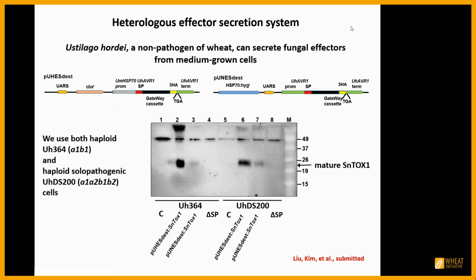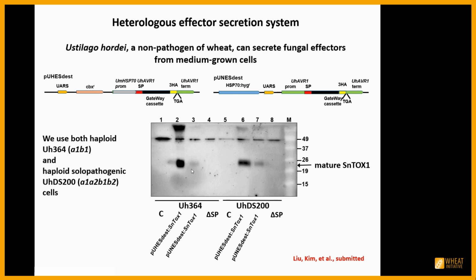We also have developed another system using Ustilago hordei. That's a barley pathogen, but it's a non-pathogen of wheat. It causes very minimal symptoms on wheat. And we created Gateway-specific vectors where you can insert your gene, your effector of choice, driven either from the Ustilago maydis heat shock promoter, which is a constitutive promoter, or from a promoter of an effector from Ustilago hordei that we cloned.